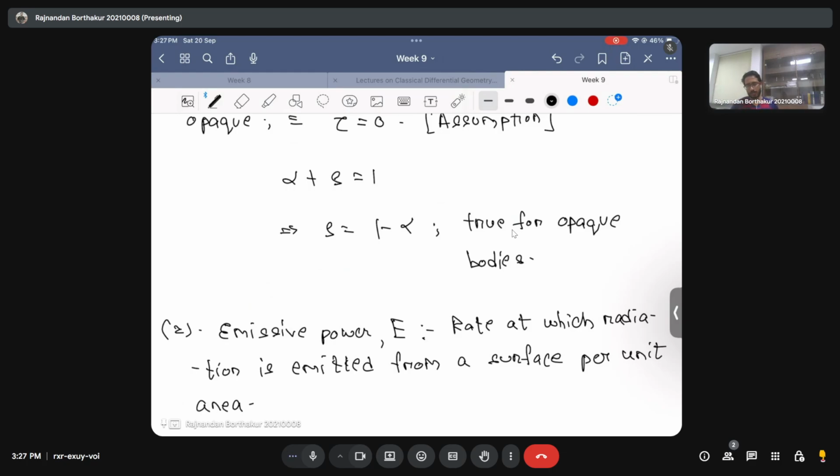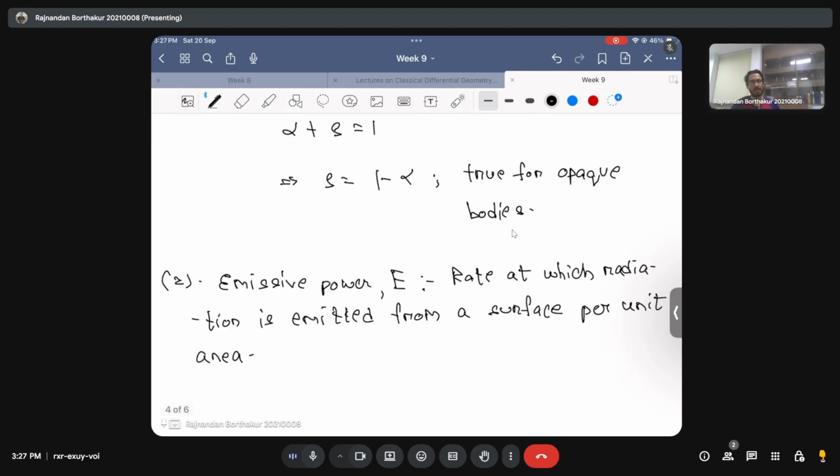Okay. So you can interpret that emissive power is also kind of a flux quantity, because it is the rate at which radiation is emitted, which is watt per unit area. So it basically becomes watt per meter square.